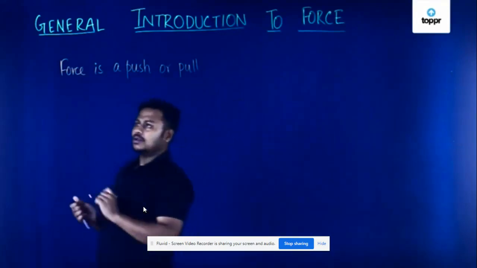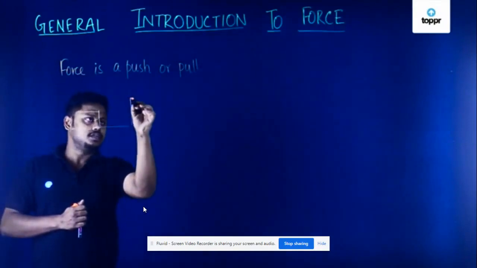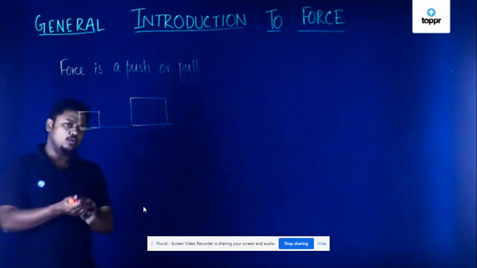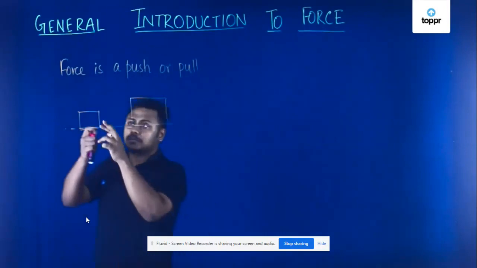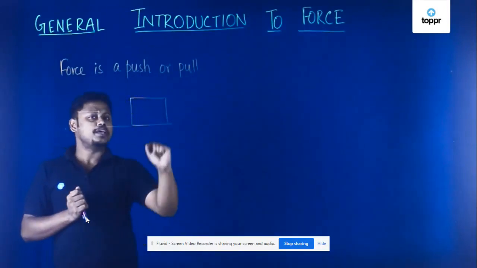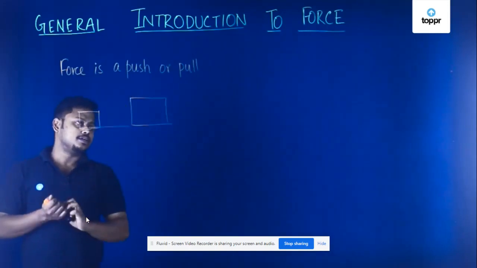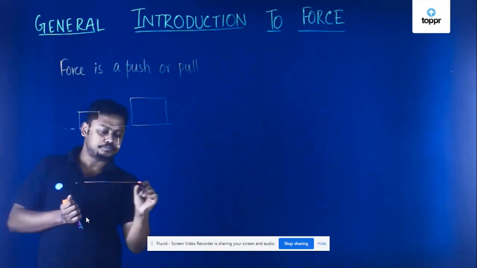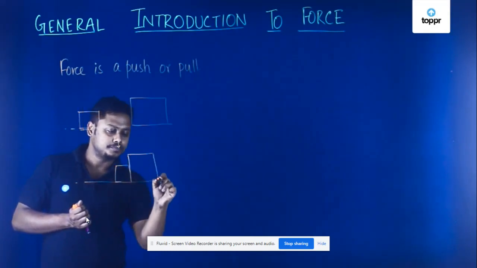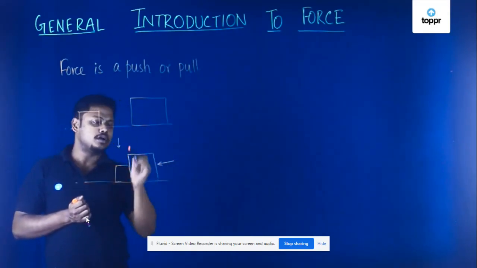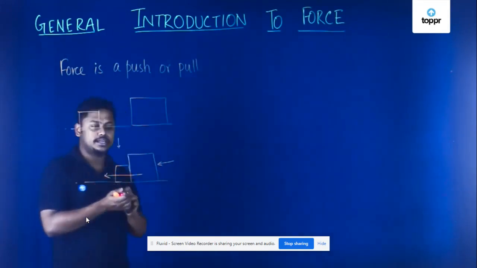Suppose I have placed a small block at this position and another block in this position. Now, will there be any force between these two blocks? No. But if I bring this block close to the other and apply force, then I can apply force on this block via the other block. Now I am pushing this block in this direction, and these two blocks will together move along this direction.